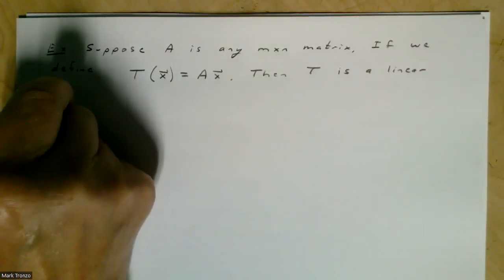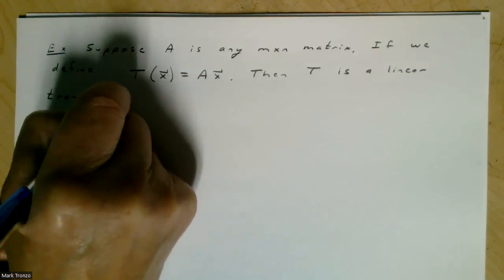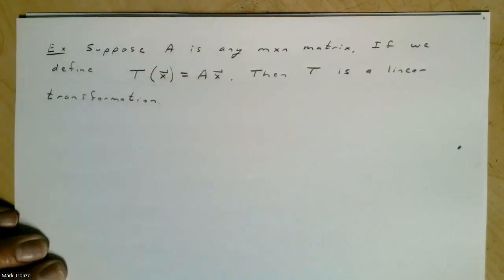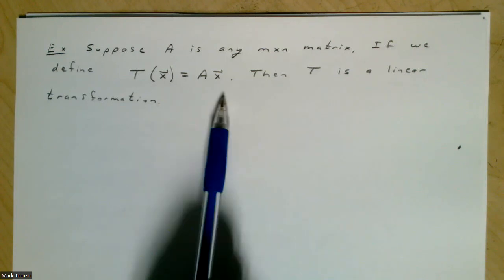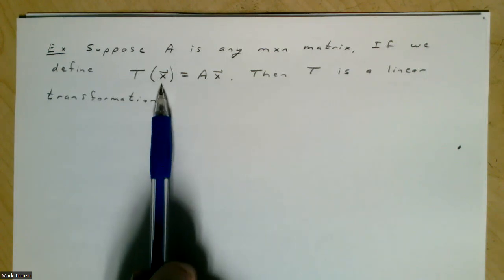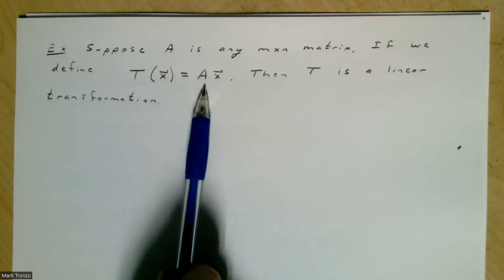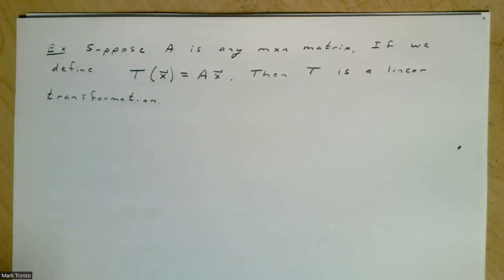And you can show this pretty easily. I won't do that here. So a matrix can always be turned into a linear transformation by defining it this way. Put in, of course, the appropriate vector of the right length to match the matrix so you can multiply it, and then this is going to be a linear transformation.